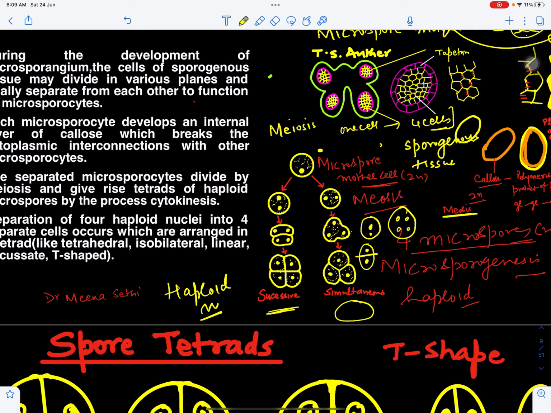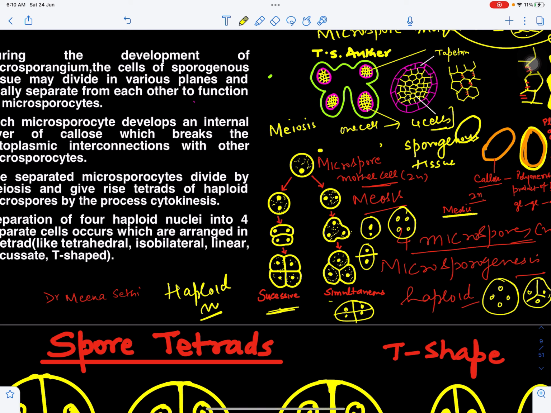And when here 2 again divide into 2 like this, then we can see there is a wall formation like this. So this is called successive. But if 4 nuclei are produced and then wall formation occurs, this can get arranged like this, right?